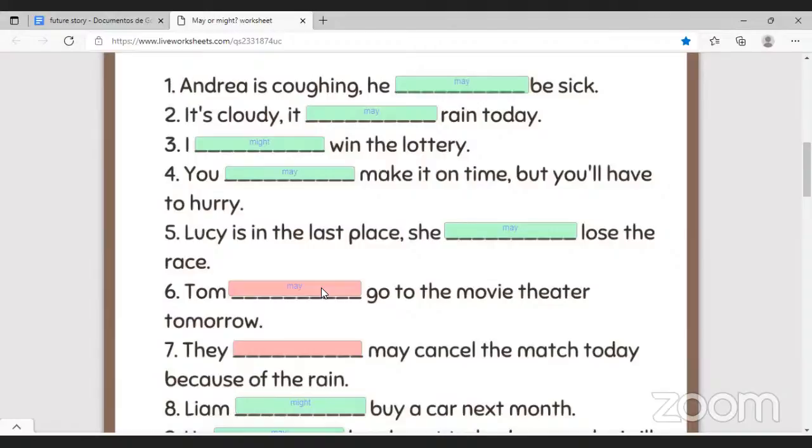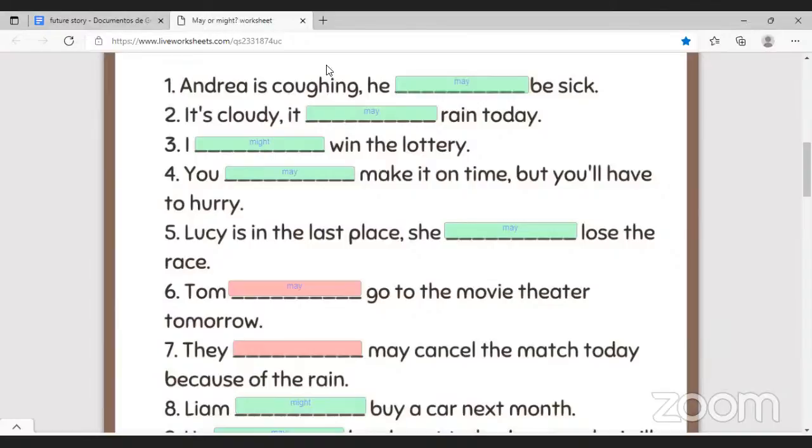Yes, you're correct. But it could have said that, oh, he talked with his friend or something. We don't have that, but yes, you're correct. It could be both depending on the context, because it's not really that difficult to go to the movie theater, not to watch a movie.